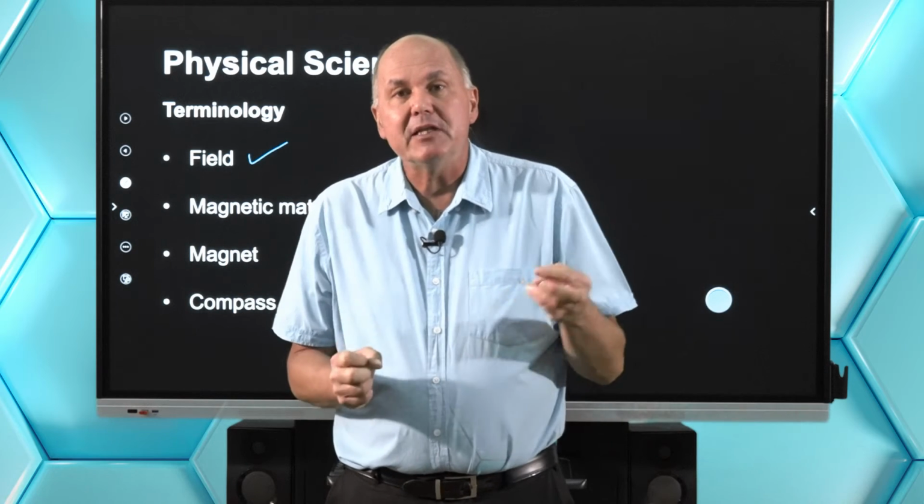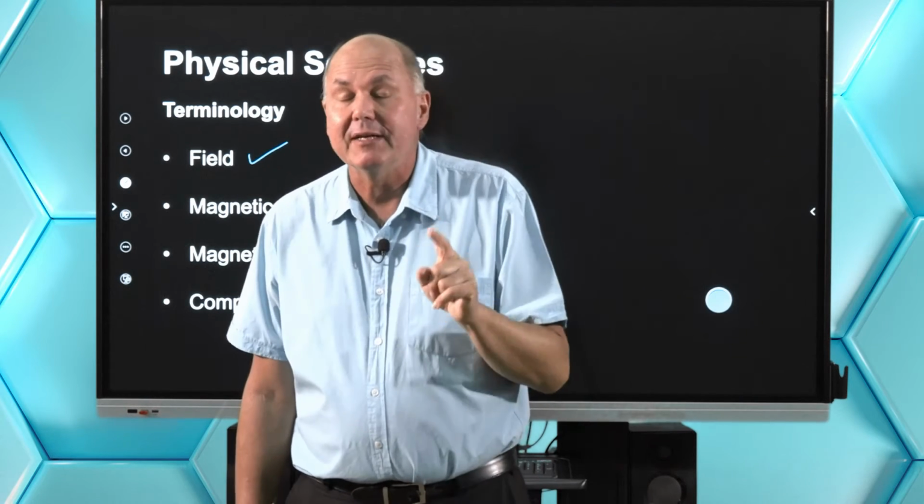Now, the field idea is a region in space, a region in space where if you insert something with a special property, it will experience a force. And the direction of the field is the direction of the force on that object. So when we talk about a magnetic field, we're saying that at the center of that magnetic field, there's a magnet, and in the region in space, three-dimensional region in space, anything that has a magnetic property is going to experience a force.